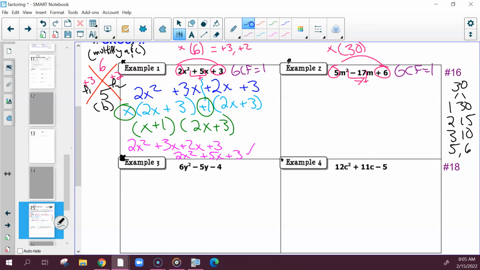So of these, remember that they both need to be negative. So which of these could we both make negative and add or subtract them together to get negative 17? 2 and 15 would work.